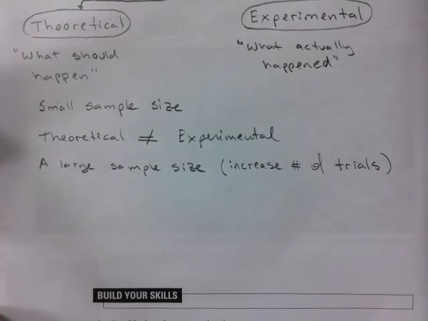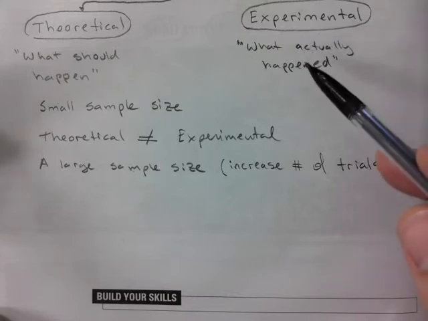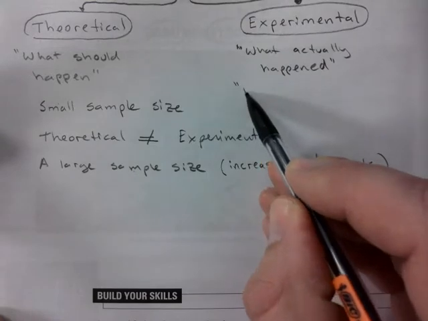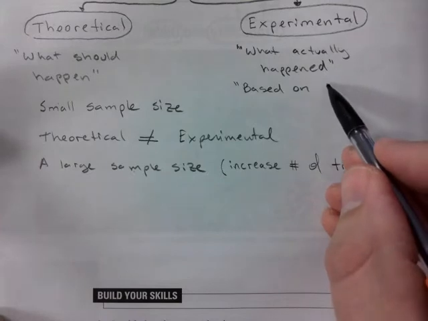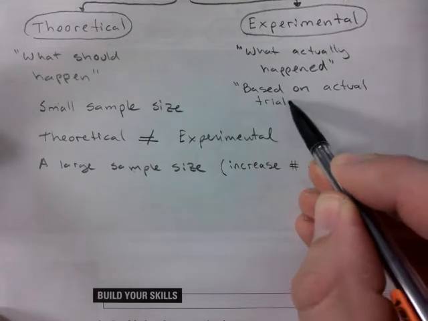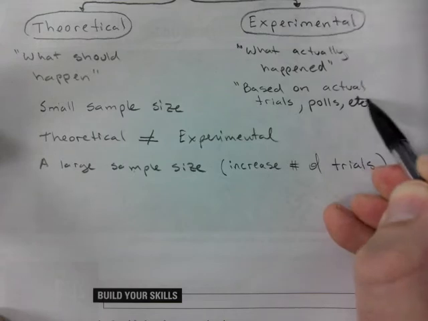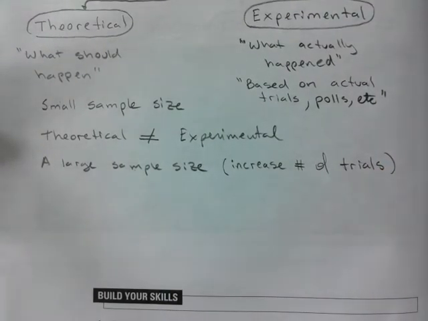And I want to say something here before I move on. We're going to go back to experimental, and under the experimental section, we're going to also add: based on actual trials, polls, etc. So the experimental is based on actually either rolling dice or actually pulling cards from a deck or actually doing something.